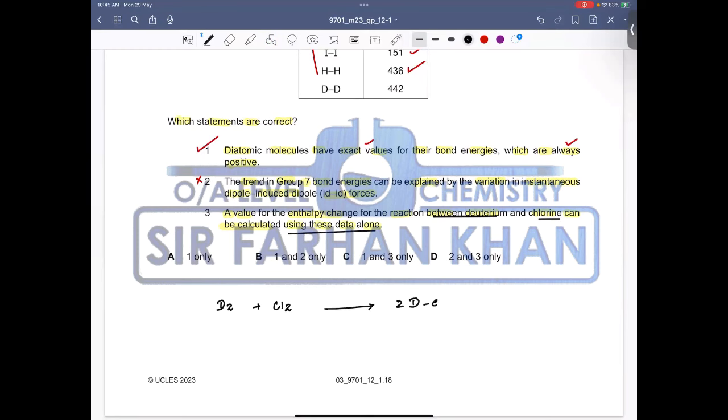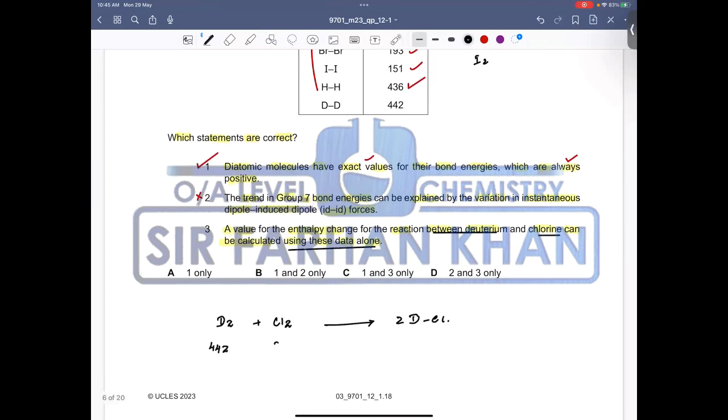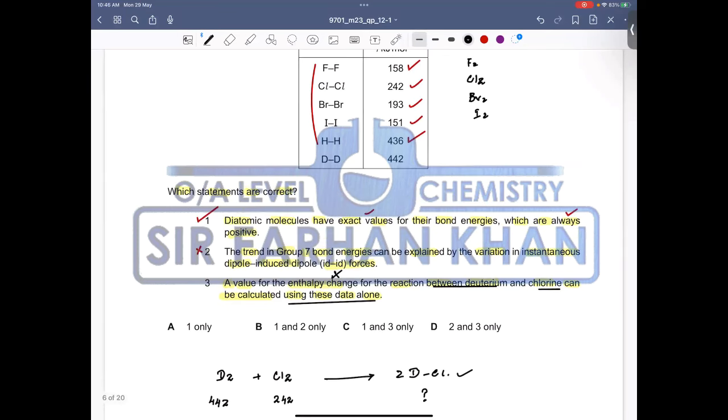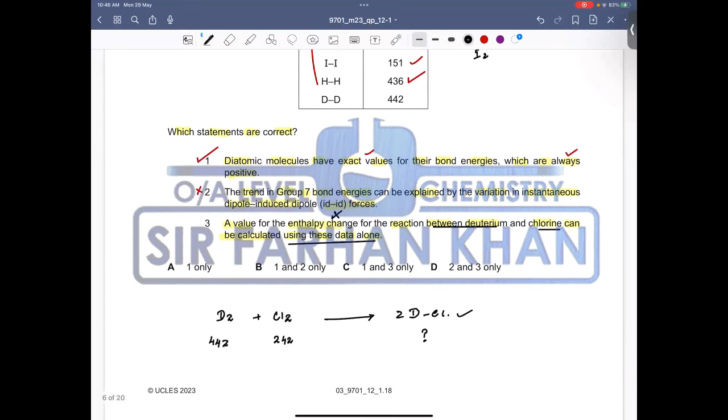Now we know the value of D2, which is 442, and we know the value of chlorine, which is 242. But we don't know the value of DCl, which means we cannot find the enthalpy change for this reaction because in the data, we have not received any DCl value. So this is also incorrect, and obviously A is going to be the correct option.